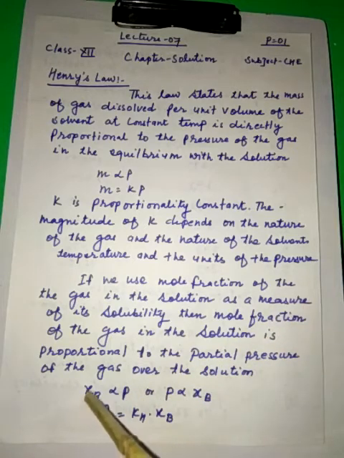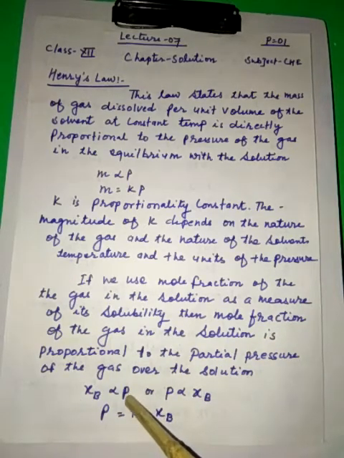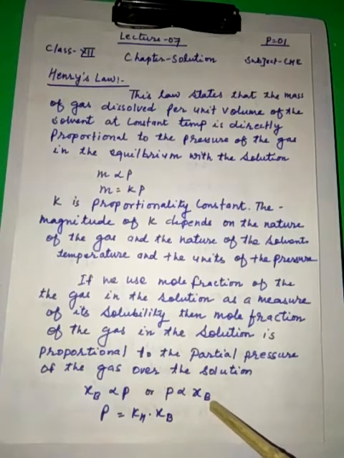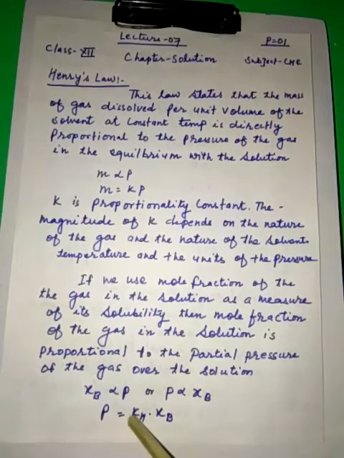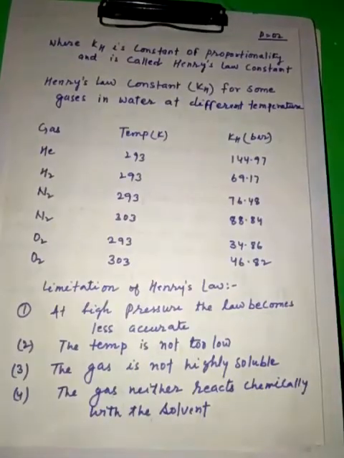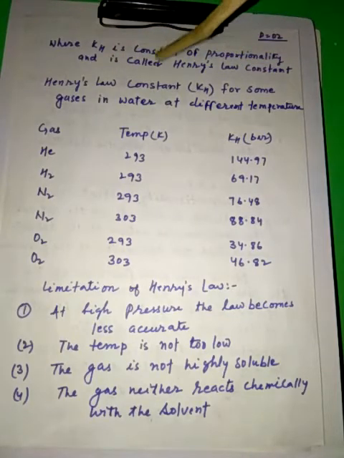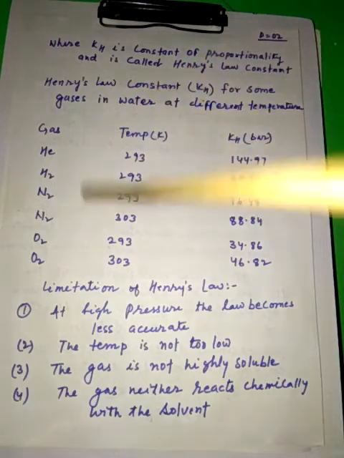We write xb is directly proportional to p, or p is directly proportional to xb. Now p equals Kh into xb. Kh is the constant of proportionality and it is called the Henry's law constant.